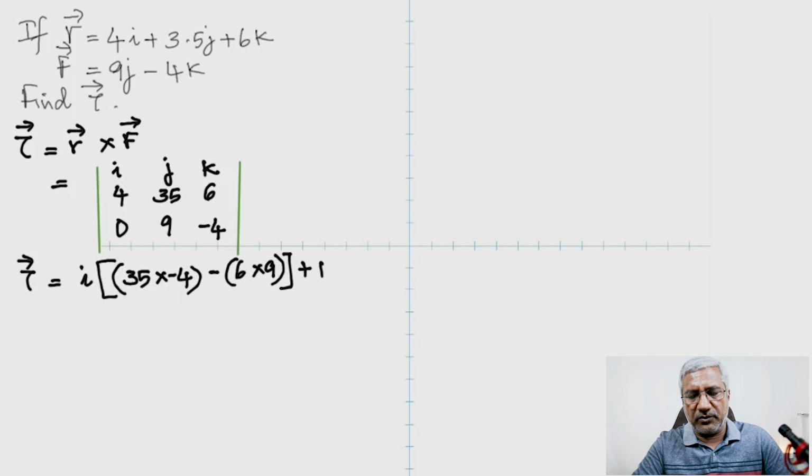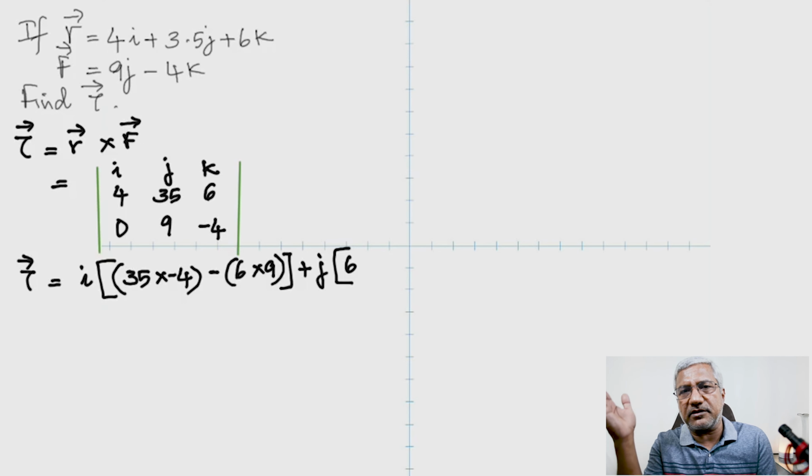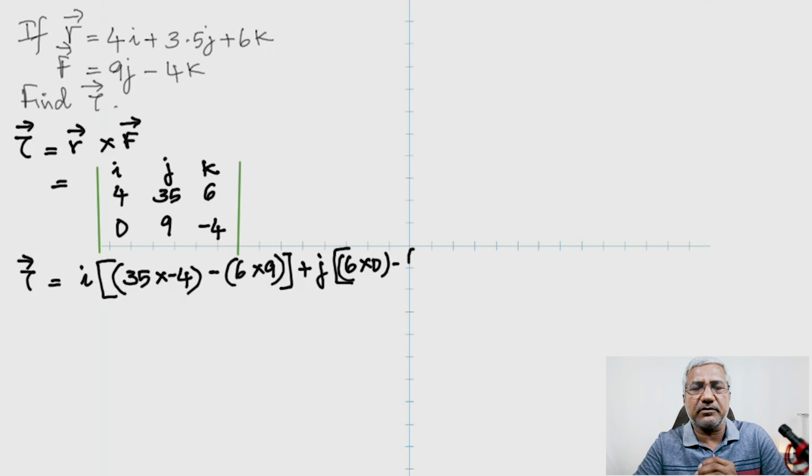If you put plus j, like I did, then you'll have to reverse the direction in which you go: 6 times 0 minus 4 times negative 4. You can do it either way.